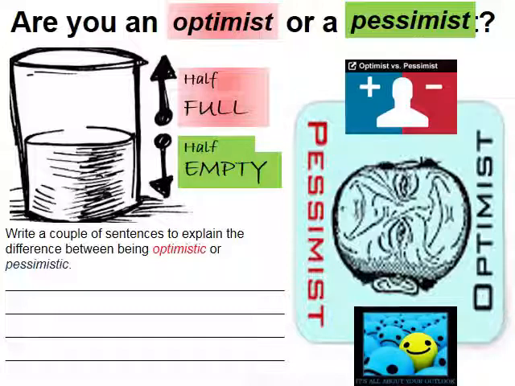You say to them, do you think you'll do okay in this course? You'll be all right? Most people say yes. A few say, no, I don't think I'm going to do very well. So they'd be pessimistic. So I want you just to take a couple of minutes to think about yourself and then write a sentence or two to explain why you think you're optimistic or pessimistic.